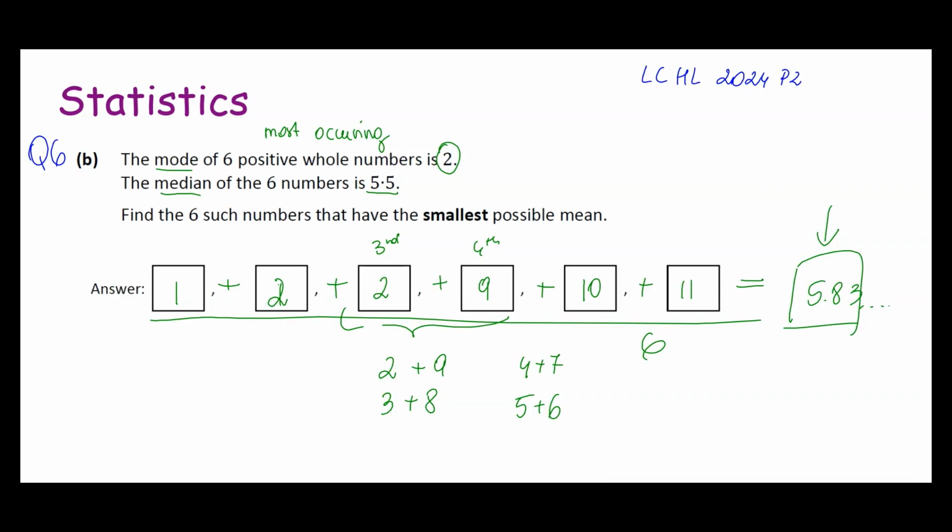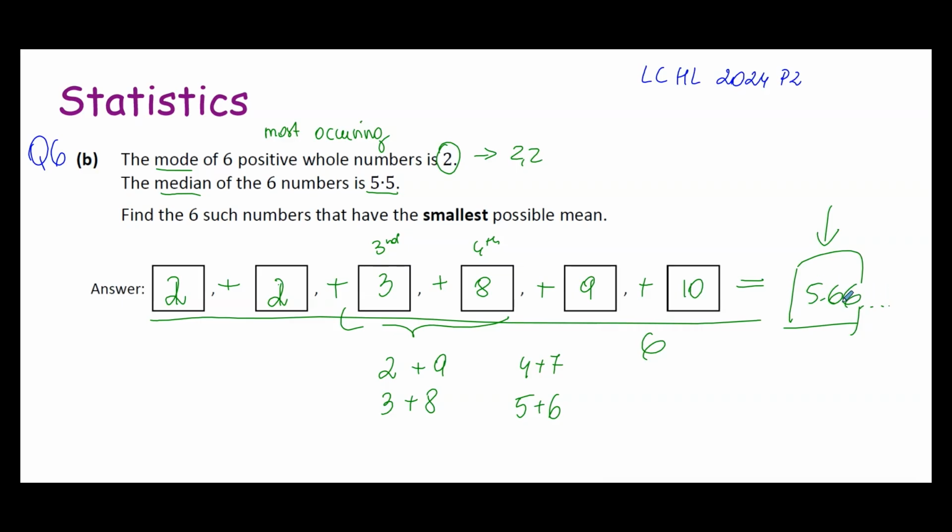Let's try my next combination. If I try 3 and 8, that means the first number has to be 2, because I have to have 2 of the 2 for it to be the mode.